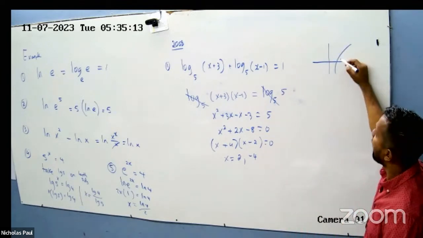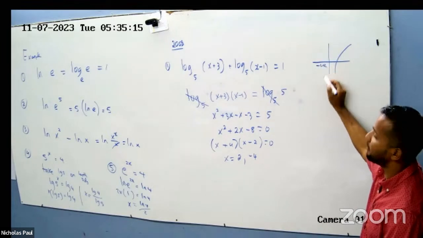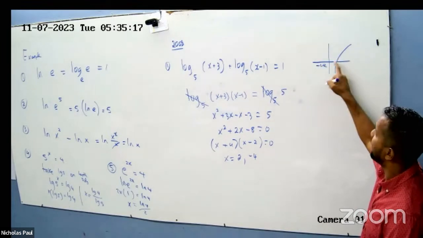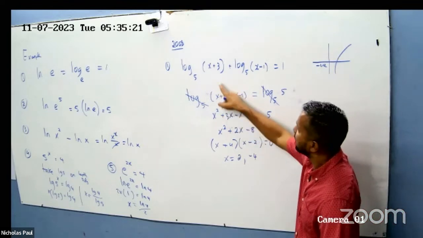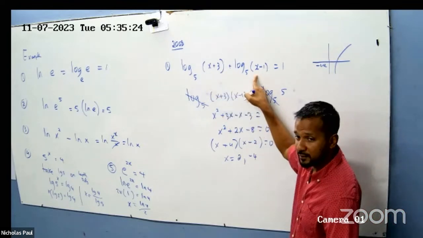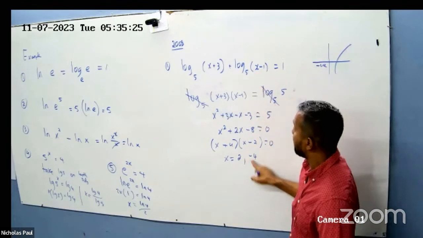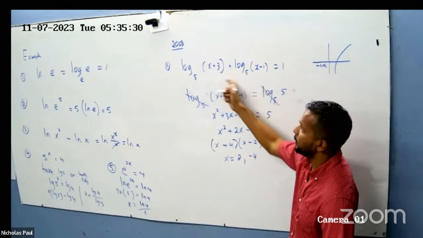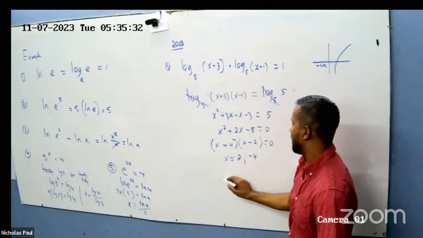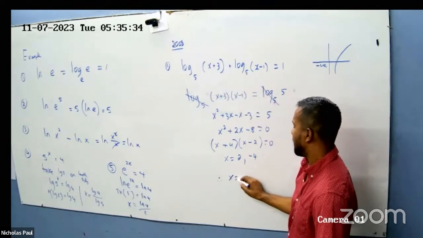The log graph doesn't exist on the negative side. So you can't find log of a negative number. So if you put 2 in here, it works out nicely, right? But if you put minus 4 in here, you're getting negative values. So it will not work here. So therefore, the only solution is x is 2.